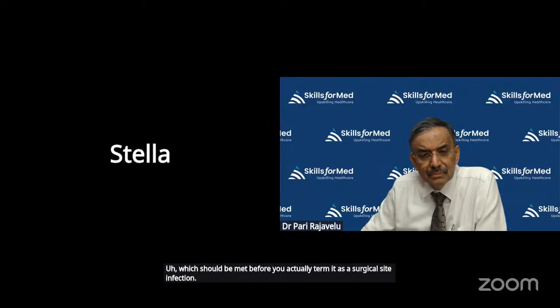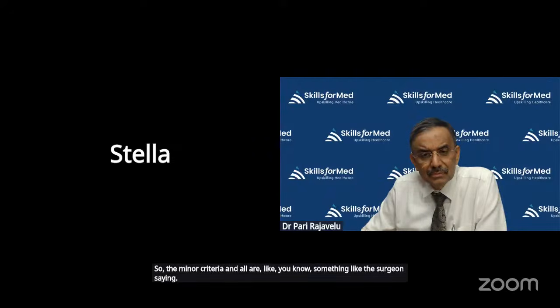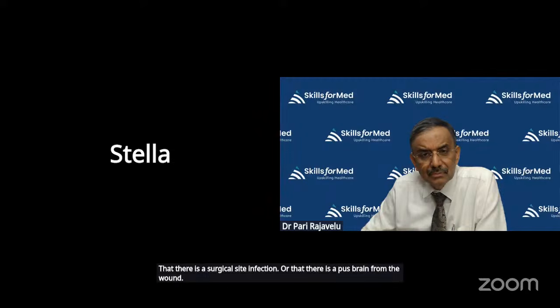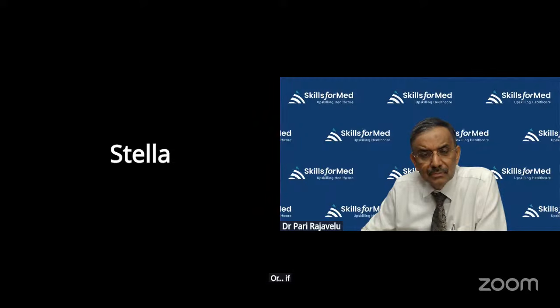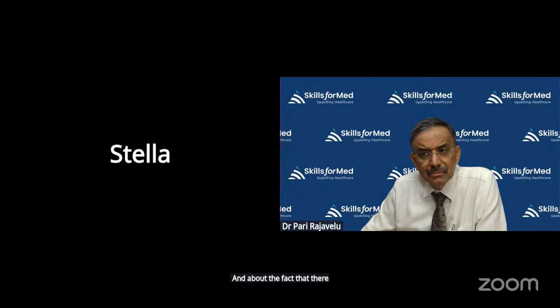The minor criteria are like the surgeon saying that there is a surgical site infection, or that there is pus draining from the wound, or if the total count is elevated. All these are minor criteria. But the primary criteria is about the location and about the fact that there is an infection.